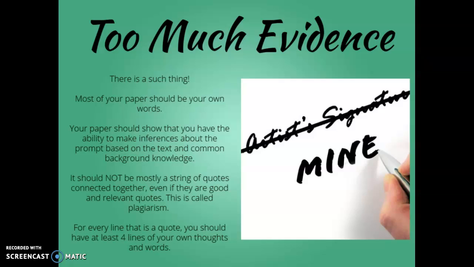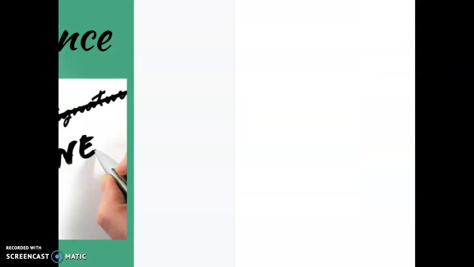So avoid doing that. For every line of evidence that you have on your paper, you should have 4 lines of your own thoughts in your own words. And that is not just restating the evidence in different words, which we're going to go into in just a second. So, yes, too much evidence is really bad.